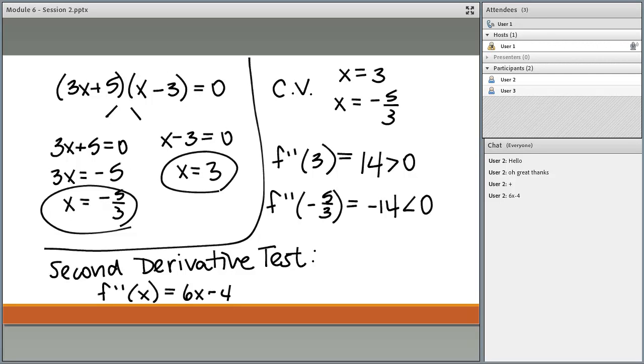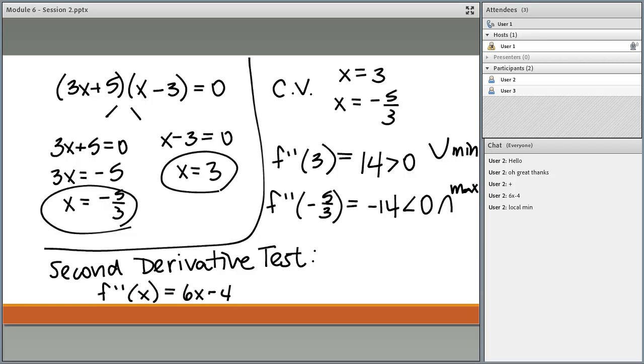And what does a positive second derivative mean? Very good. So positive second derivative means it's concave up, which means we have a local minimum. And negative second derivative means it's concave down, which means we have a local maximum.